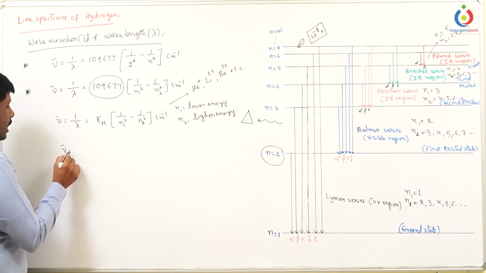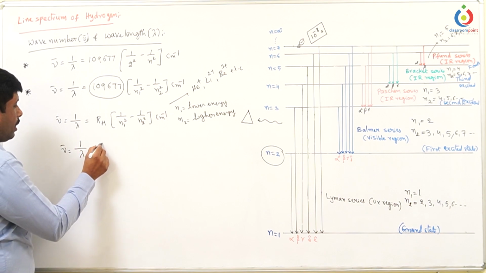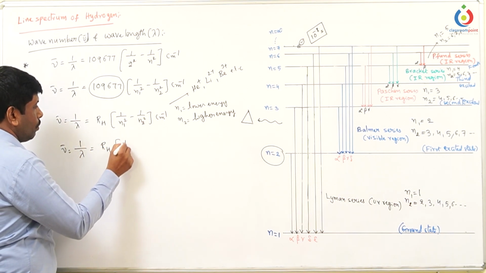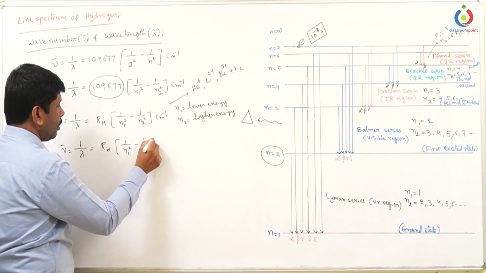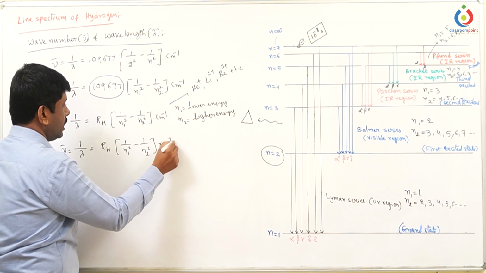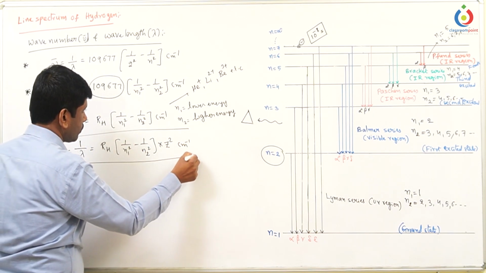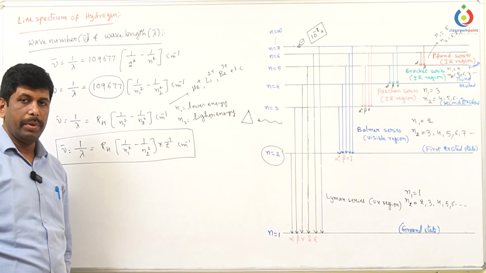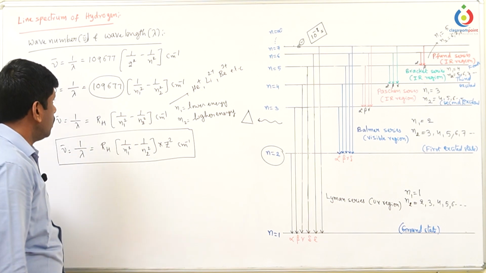So we can write this formula as nu bar equals 1 upon lambda equals RH, which is called the Rydberg constant, into 1 upon n1 square minus 1 upon n2 square into Z square per centimeters. This formula can be used for all single electronic systems, including the hydrogen atom.